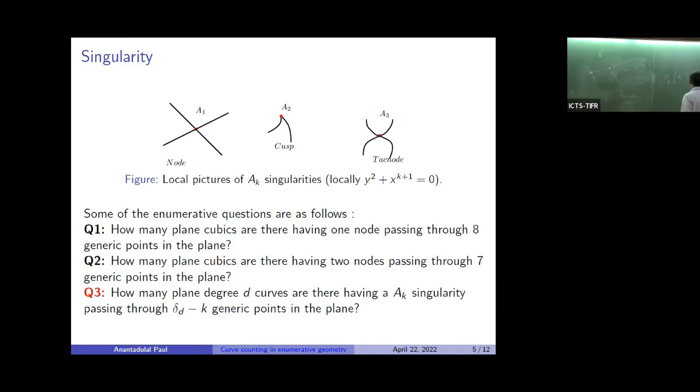This is 12. Similarly, small N_d, which is 3, is also 12. Why are they the same? Because any generic cubic is genus 1, and you impose one node, and imposing one node kills off the genus. So finally you are getting a genus 0 curve, and those numbers ought to be the same. This phenomenon will go on for higher genus, but you need to impose more singularities.